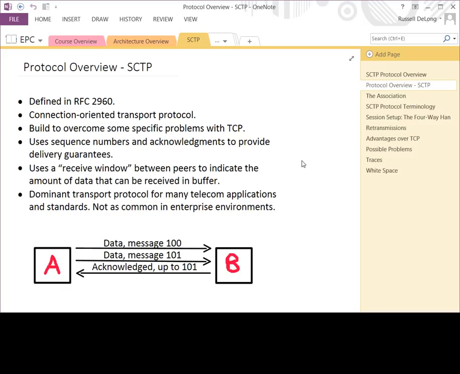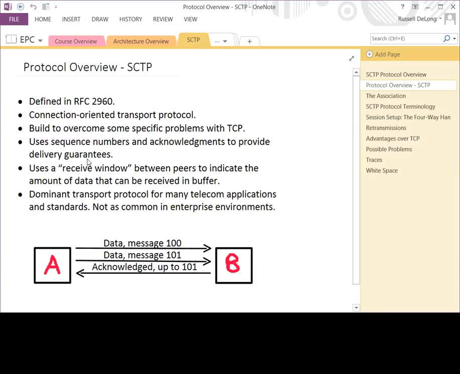So if you're not familiar with TCP already and some of these terms are new to you, this is just a very simple illustration of normal message exchanges between two endpoints. So A, let's say, is a client, B, let's say, is a server. Actually, no, sorry, reverse that. A is a server that's sending data to B, which is the client, so it's sending data message number 100, sending data message number 101, and then B sends an acknowledgement saying, I acknowledge all the way up to data message number 101.